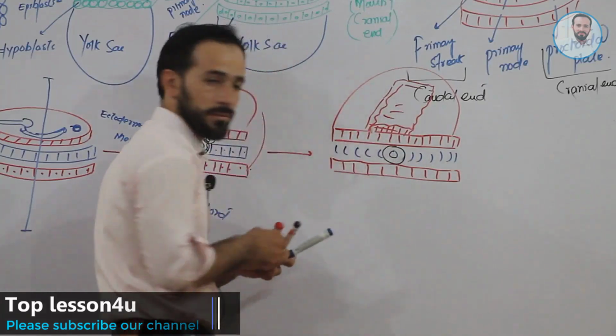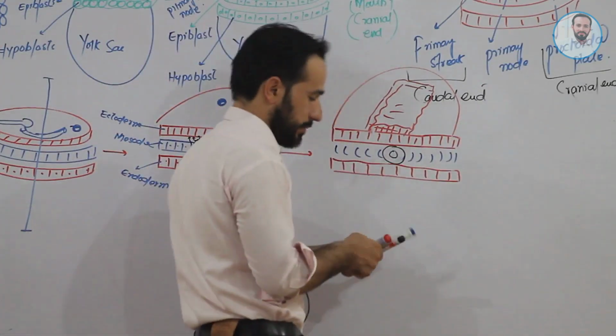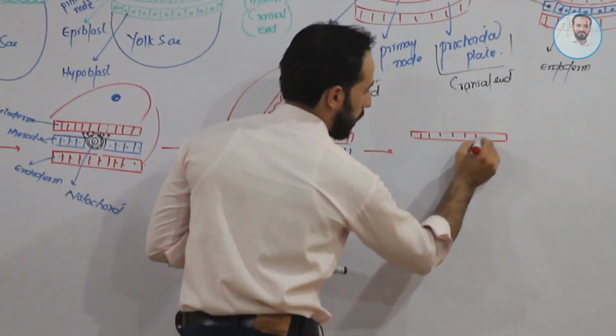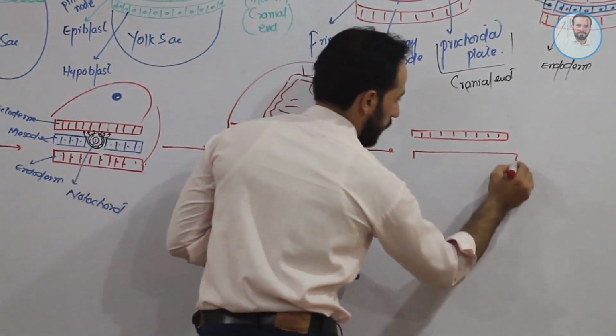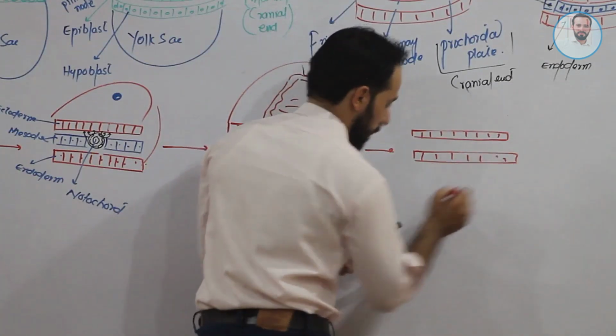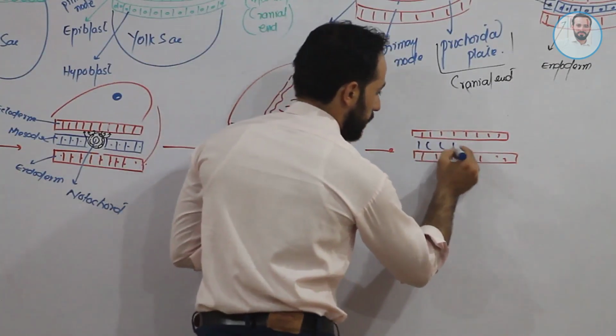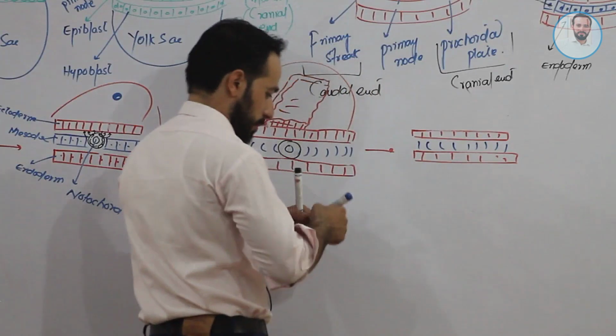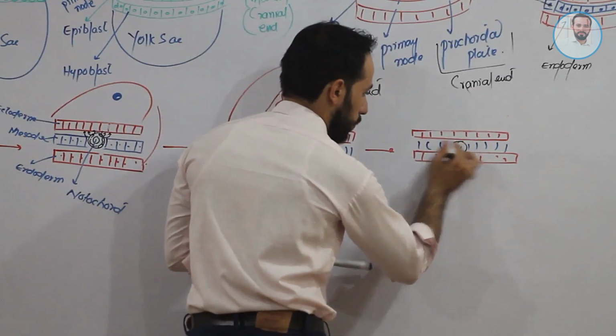Clear? Okay. Let me show it straight here. It has become like this. This is our ectoderm. Then there is endoderm. Here is mesoderm. And here is our notochord.